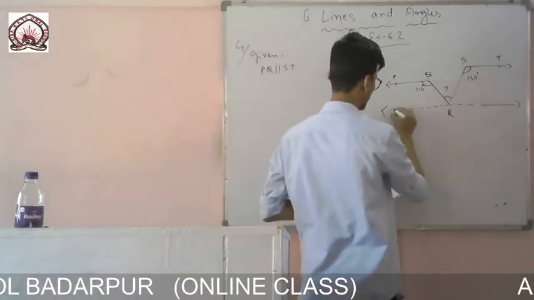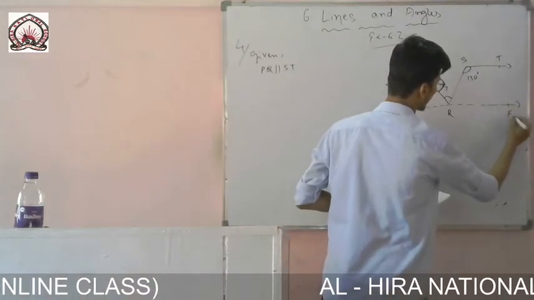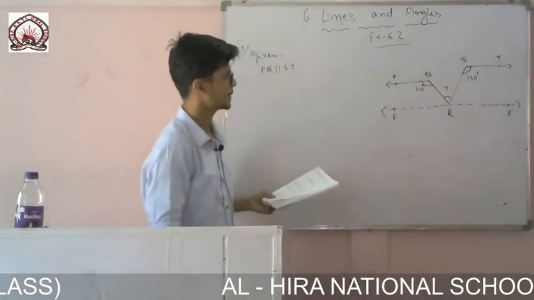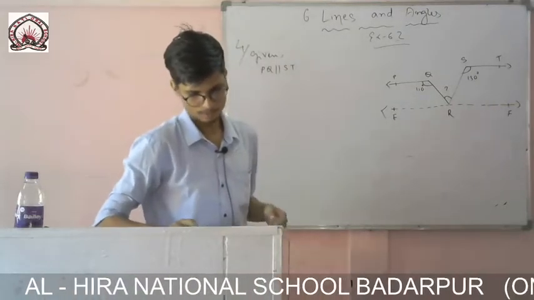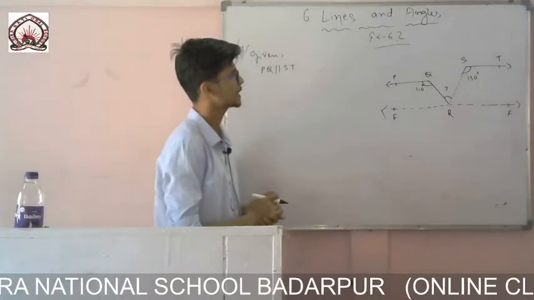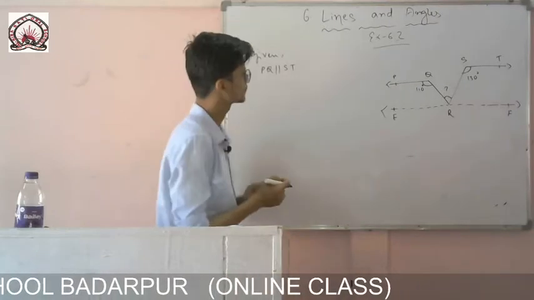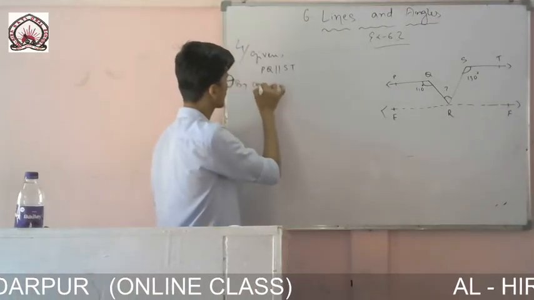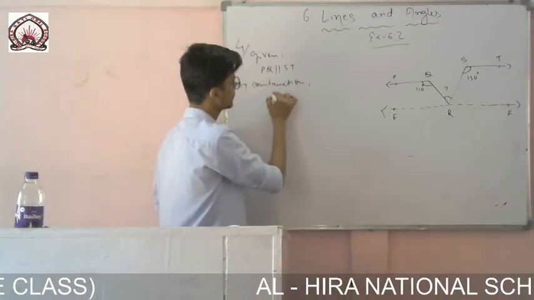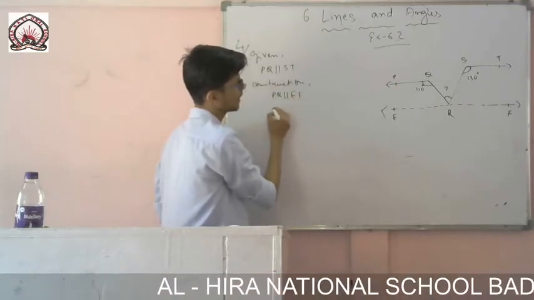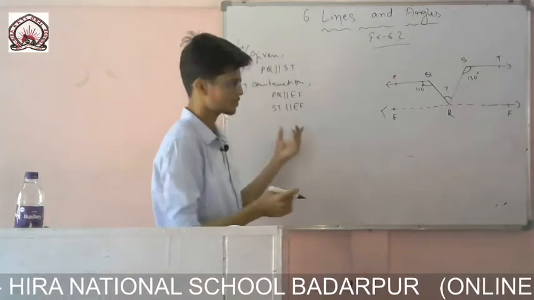Draw a straight line, name it E and F. Okay, I have drawn a parallel line EF which is parallel to PQ also and parallel to ST also. So I can write that EF is parallel to PQ and EF is parallel to ST also. So write like this: by construction, we have drawn PQ parallel to EF and ST parallel to EF. Okay. So by construction we have got these two.